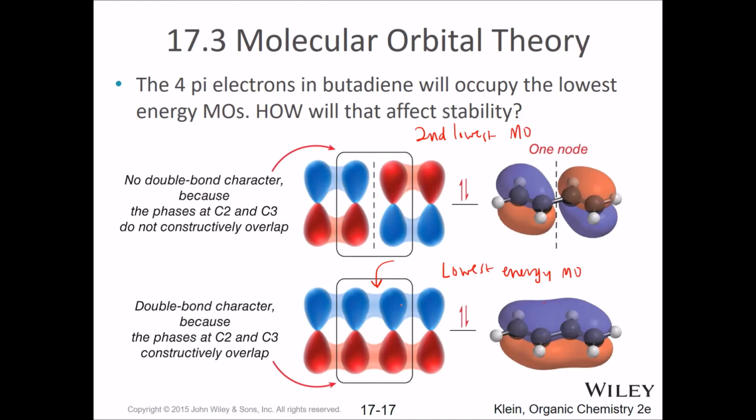In this molecular orbital, the 2 electrons that occupy it will not show up in this node. That means you've got some double bond character here, because this is a pi orbital. So you have some double bond character between carbon 1, carbon 2, carbon 3, and carbon 4.